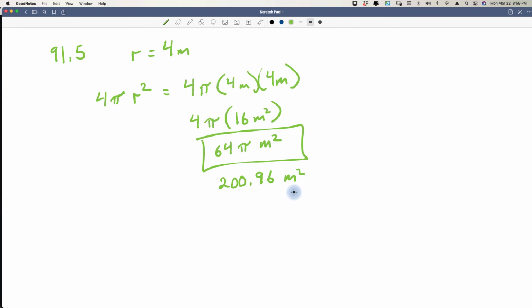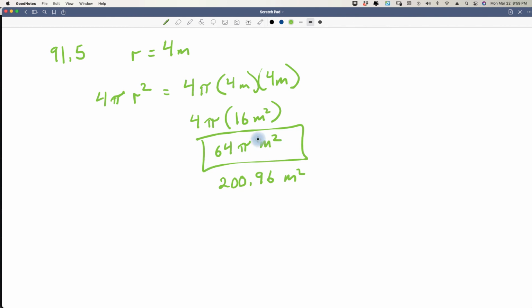But as far as mathematicians are concerned, this is actually the more exact answer because pi is an irrational number. And you rounding it to 3.14 is, while it's convenient, it's not exact because pi goes on forever.